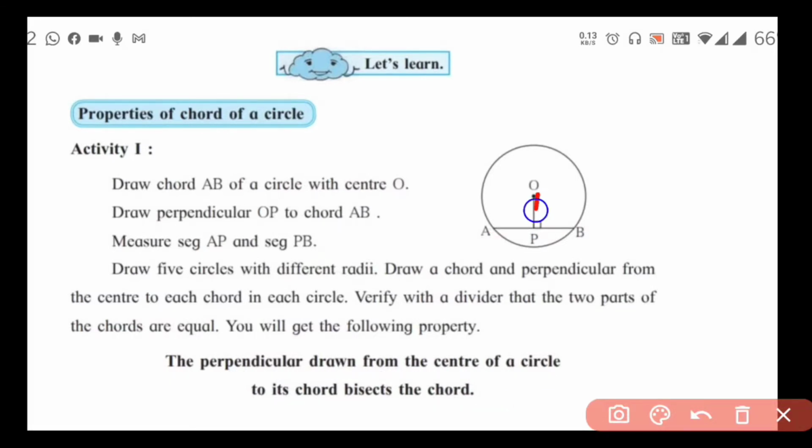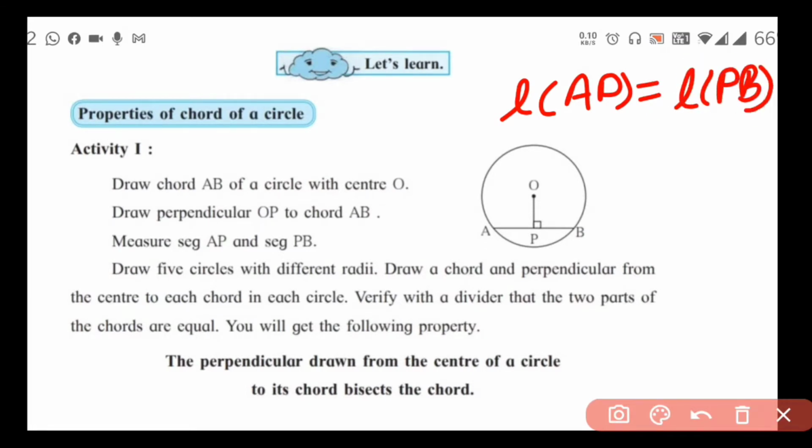So due to this perpendicular, this chord AB is divided into two equal segments. In which two equal segments is it divided? AP and PB. That means segment AP is equal to segment PB, or we can say that length AP is equal to length PB.